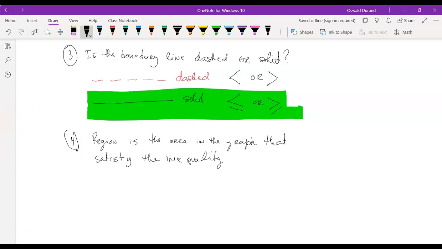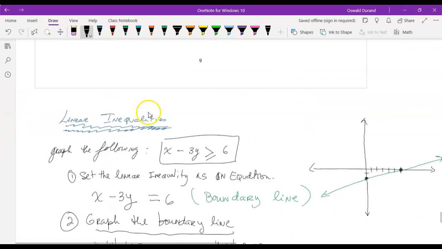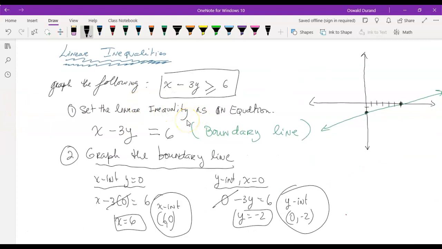And there's only 2 areas, right? Because we have the boundary line. So we have area 1 and area 2. You have 2 parts only, separated by the boundary line. So now we have to decide where the region is.